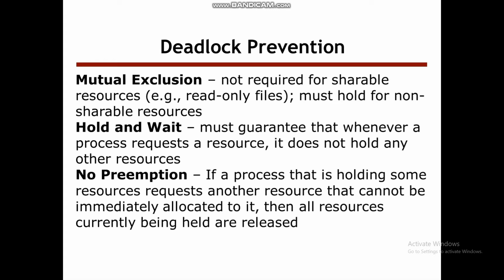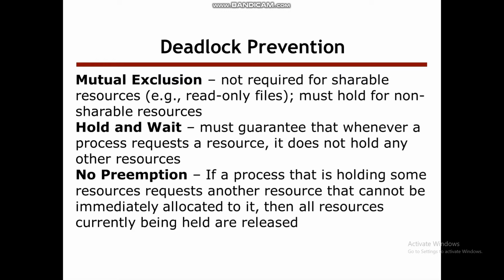So what we are going to do as a preventive mechanism is to convert all the non-shareable resources to shareable resources. We know it's not possible in all cases, but in some cases non-shareable resources can be made shareable. But in some cases, non-shareable resources like printers have to be kept non-shareable itself.